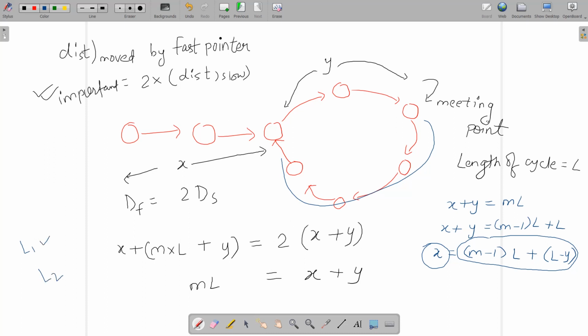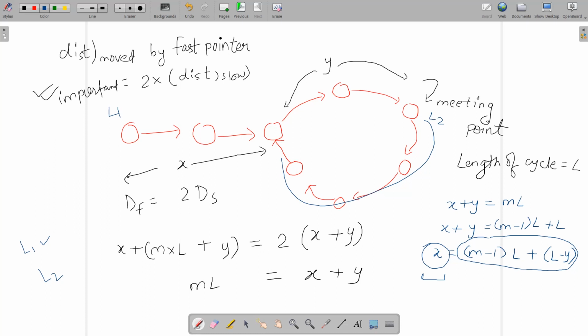If we start the L1 pointer from the head of this linked list, and the other pointer L2 from the meeting point, and L1 covers x distance, note that L1 covers x distance, and with the same speed we move L2, so L2 must also cover x distance, right?